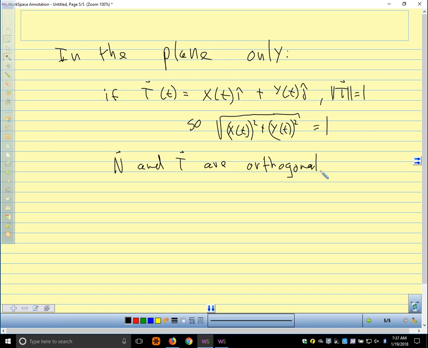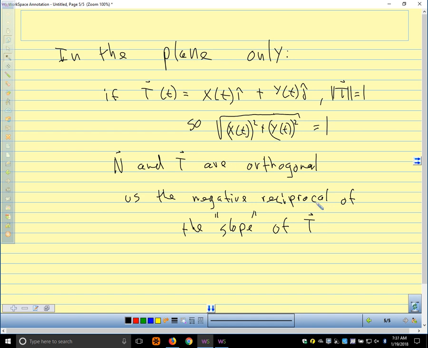Technically T has a slope, but we usually don't talk about the slope of vectors.